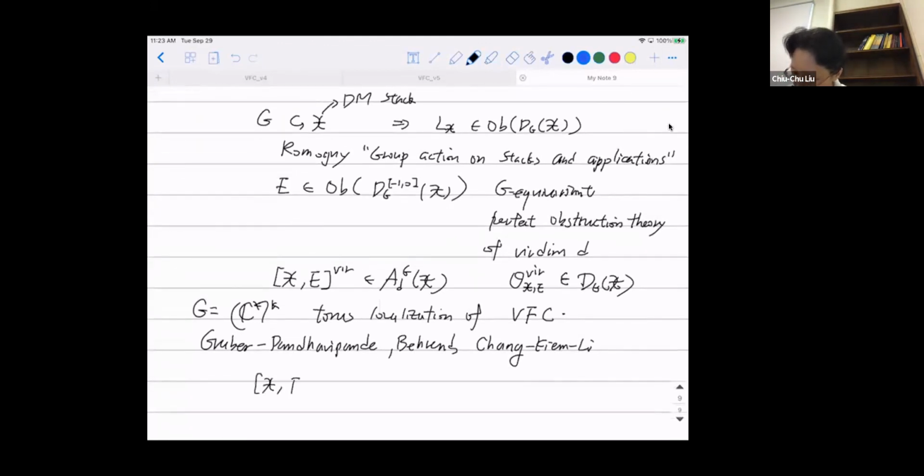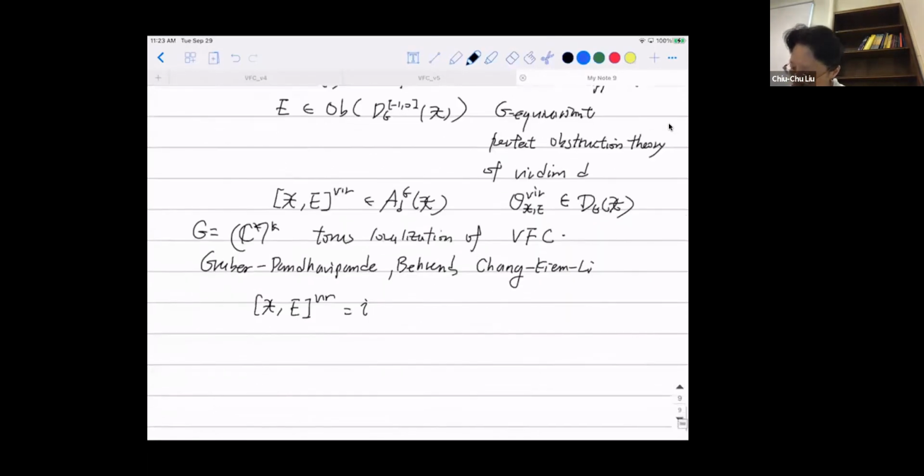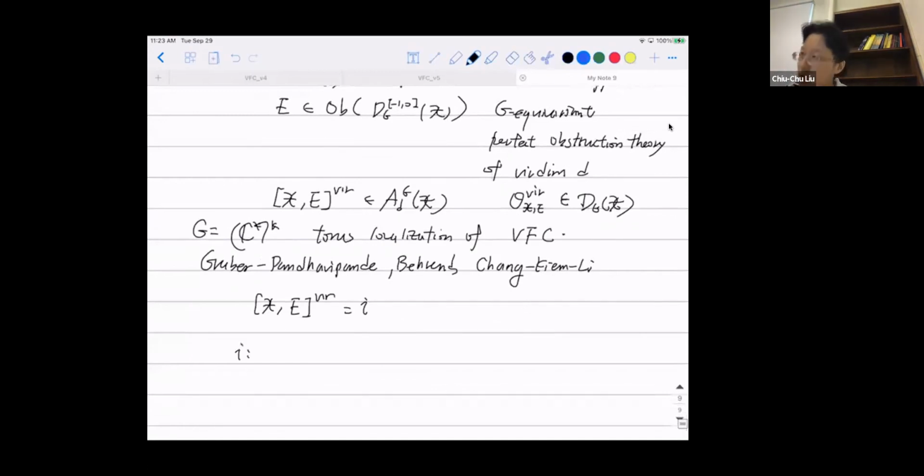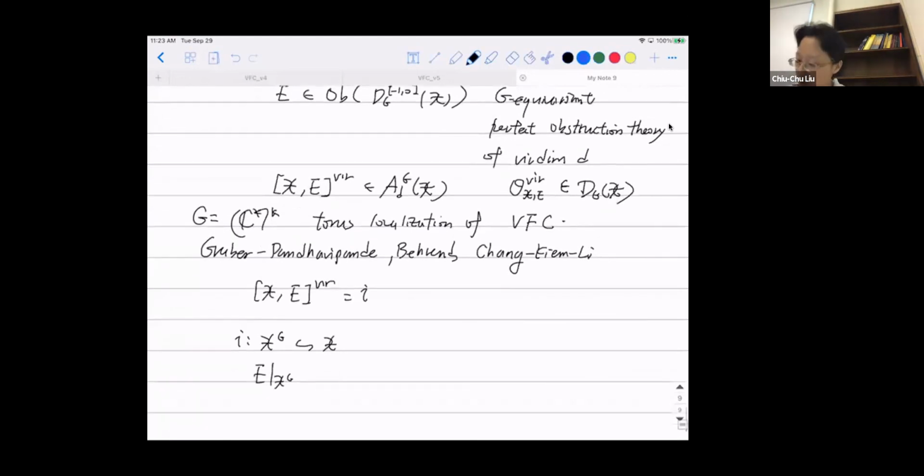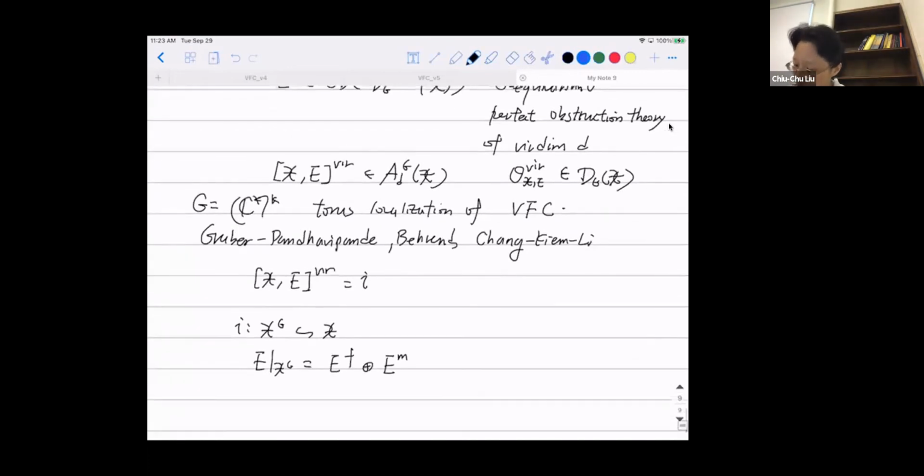So in any case, let me just first write it. You have i, the inclusion from the G-fixed substack into X. So the perfect obstruction theory: now G is a torus, so it has a fixed and moving part. Think of it in terms of dualizing this, and think in terms of K-theory.